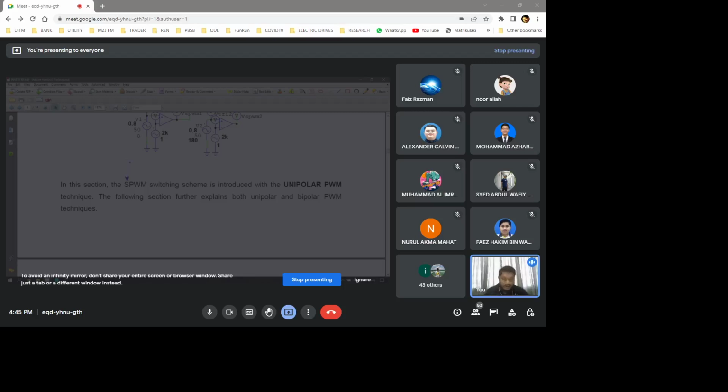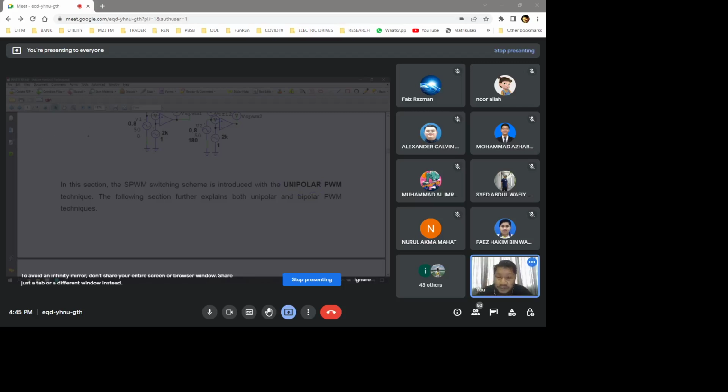S stands for sinusoidal: sinusoidal pulse width modulation. And if you look here, there's a unipolar PWM. So what does it mean? Before that, what is a sinusoidal PWM?